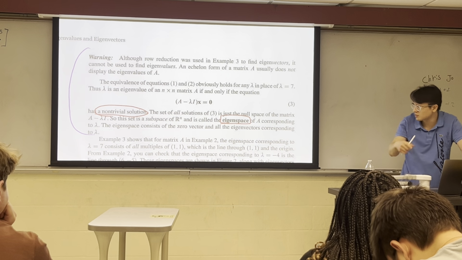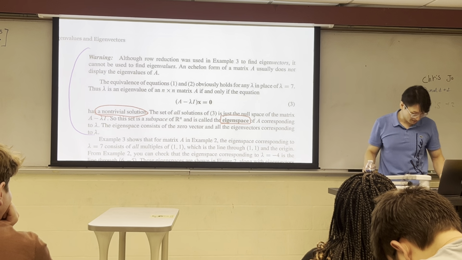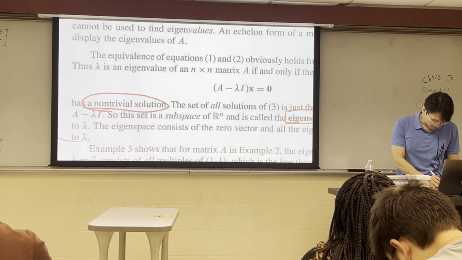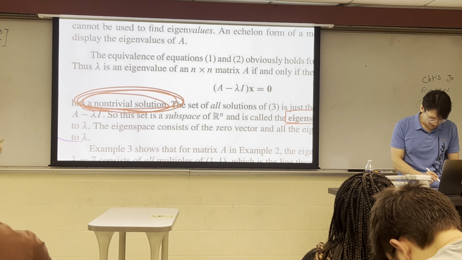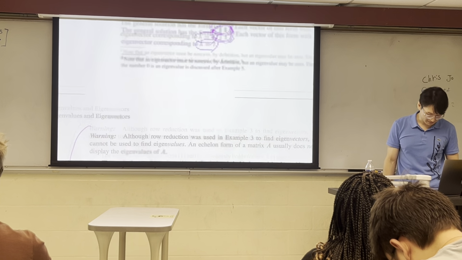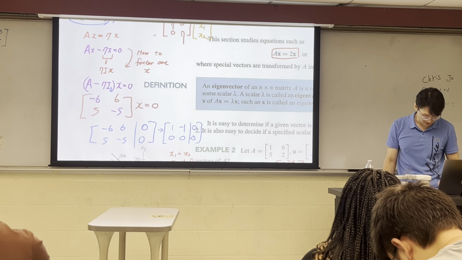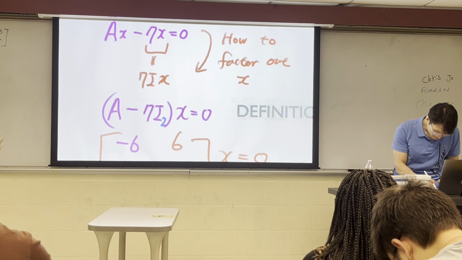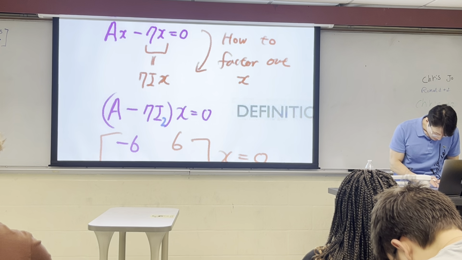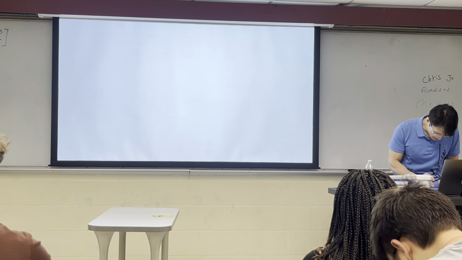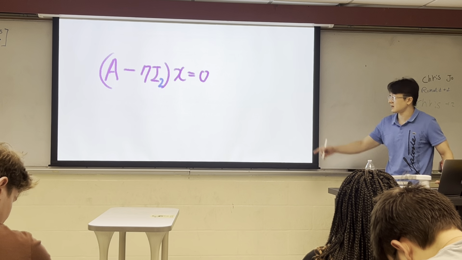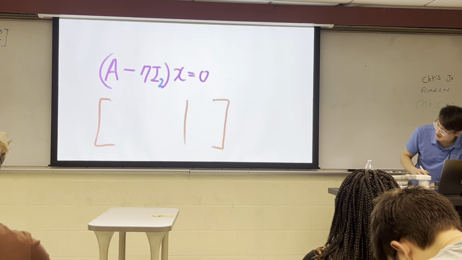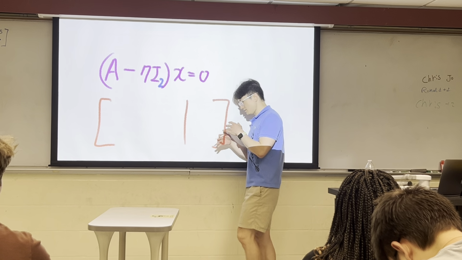Okay, Chris, you want to talk about the eigenspace? Good job. So, okay, what is my non-trivial solution? Let's say I have a different choice of A, and after some row reduction, I'm assuming a different situation.